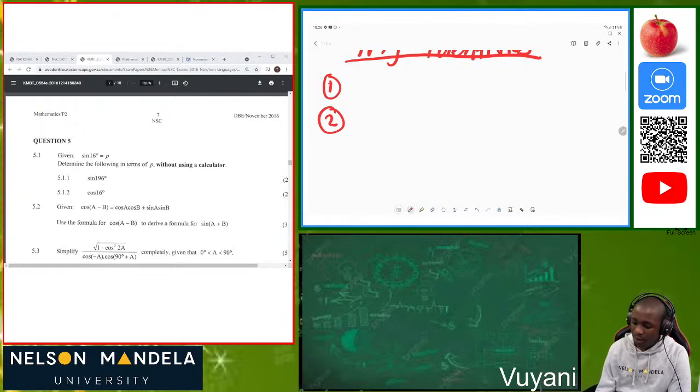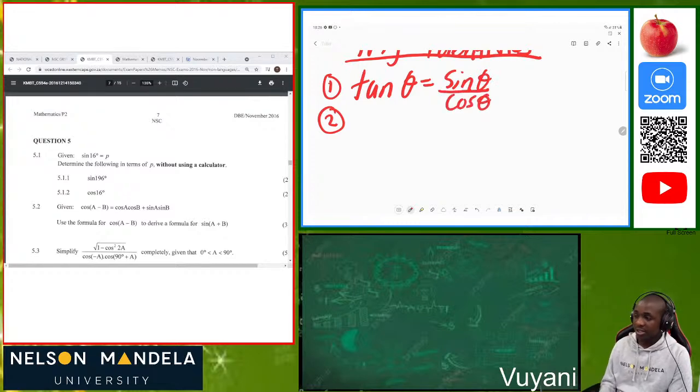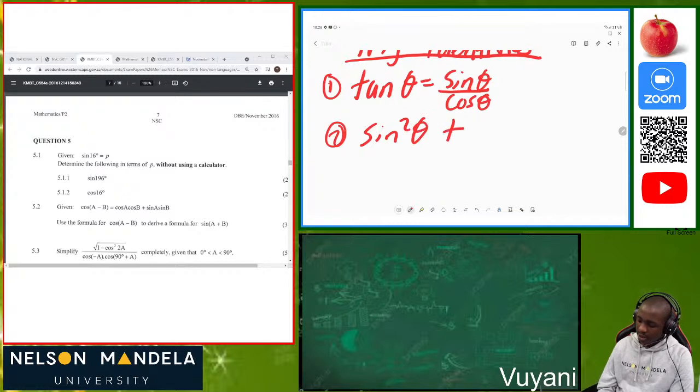The first one, we have tan of theta, which is always equal to sine theta over cos theta. Always sine theta over cos theta. The second one, we have sine squared of theta plus cos squared of theta, which is equivalent to 1.